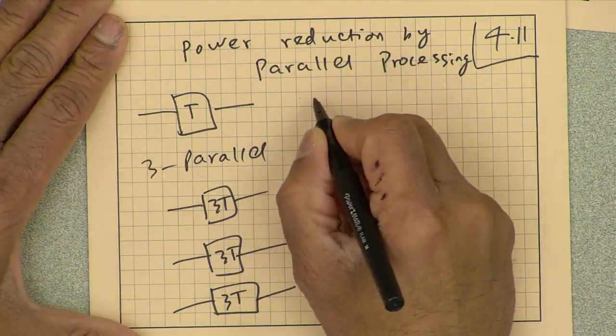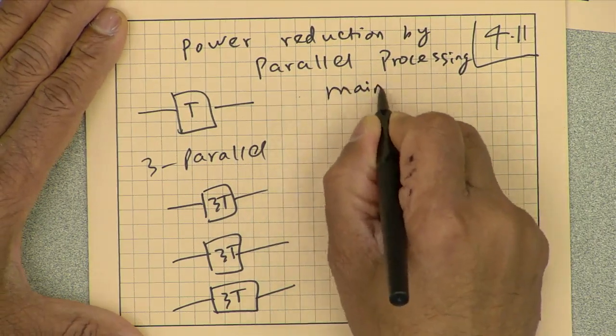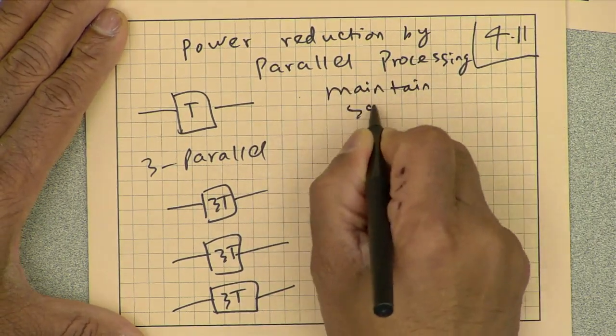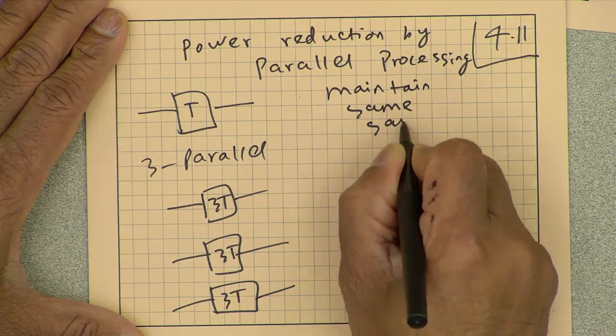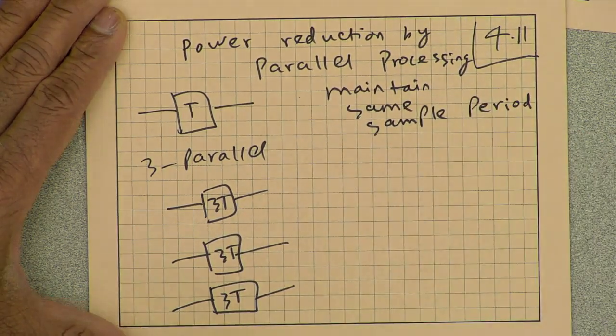Now what I want to make sure here is to maintain the effective sample period the same. So instead of the clock period, we are trying to maintain the same sampling period.